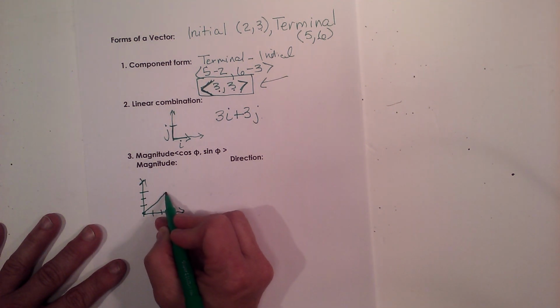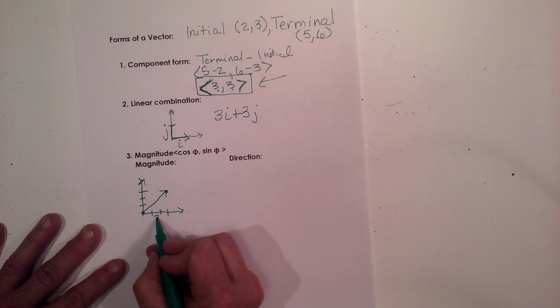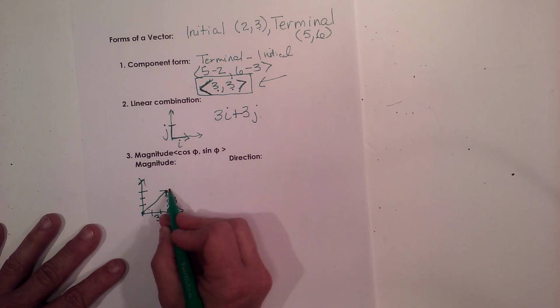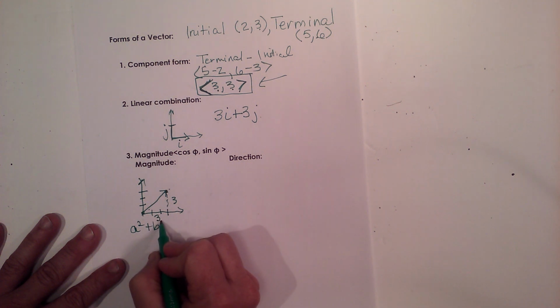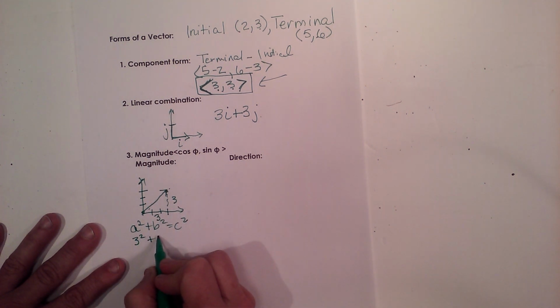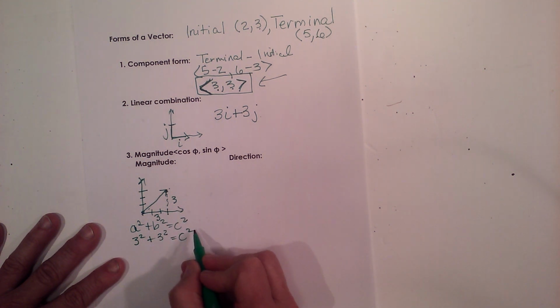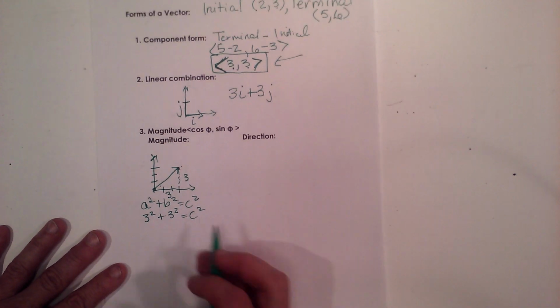So my vector ends at the point 3, 3. Now, I know this is 3, and I know this is 3, so I need to know that length. So I'm going to use the old Pythagorean Theorem. Let's plug in 3 squared and 3 squared for a and b for the two sides. That's going to give me the length of my vector, which is also known as the magnitude.